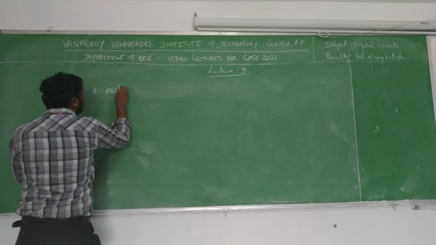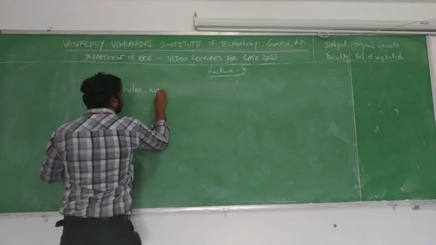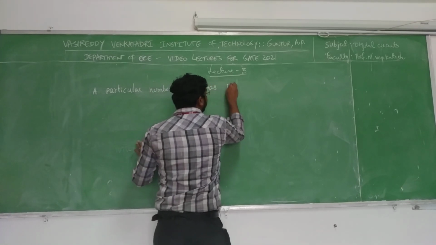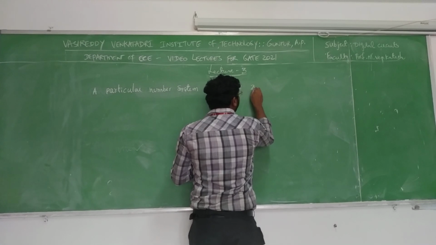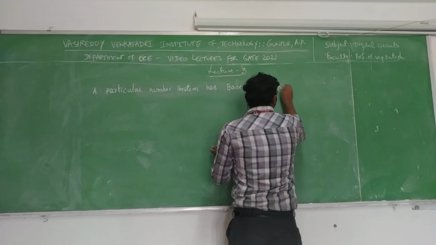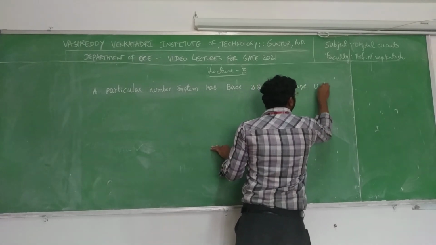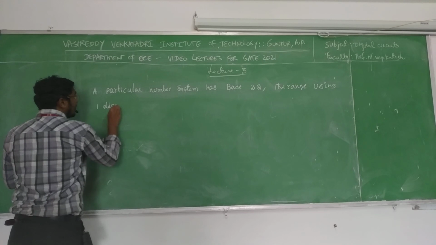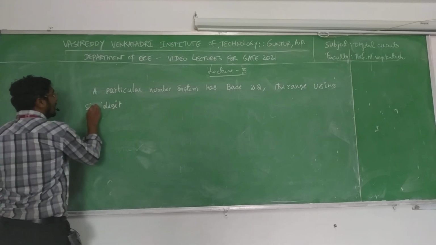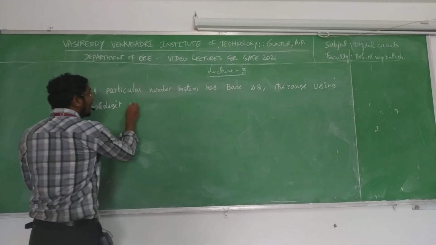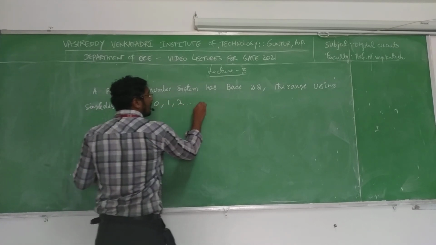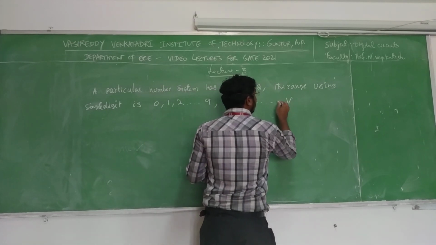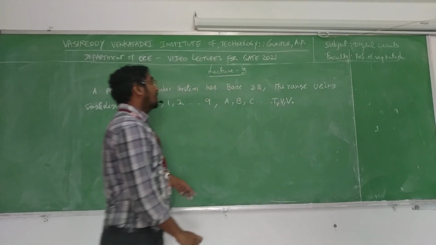A particular number system has base 32. The range using a single digit is 0 to 9, then A to V. This is the question given.